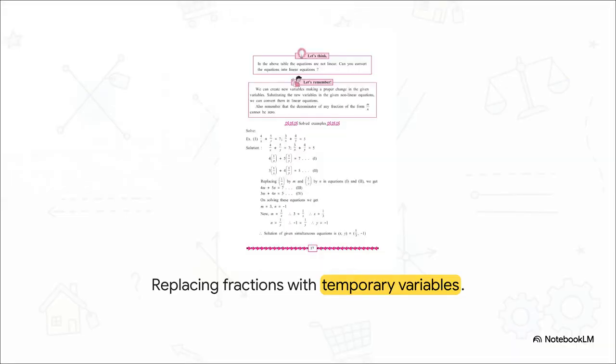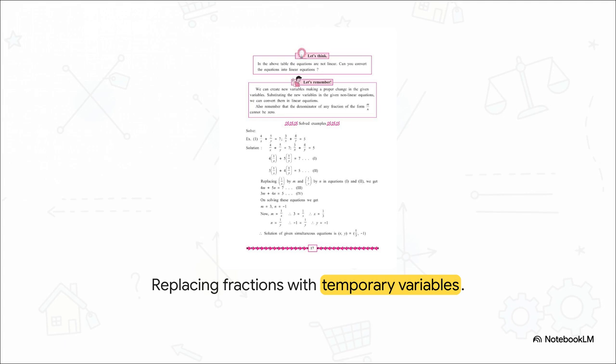Let's follow along carefully with this one. We have the equation 4 upon x plus 5 upon y equals 7. It certainly looks intimidating, but notice how we can rewrite it as 4 multiplied by the bracket 1 upon x plus 5 multiplied by the bracket 1 upon y equals 7. Now for our magic trick. We simply replace the 1 upon x with m and the 1 upon y with n.